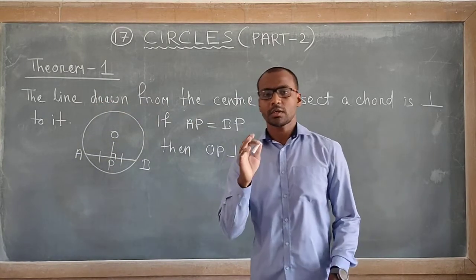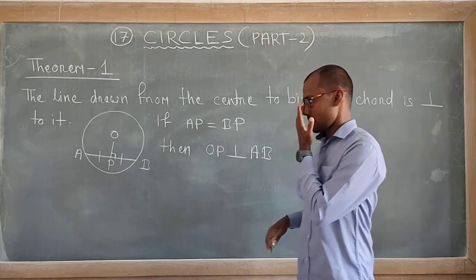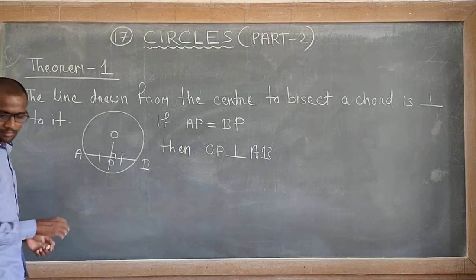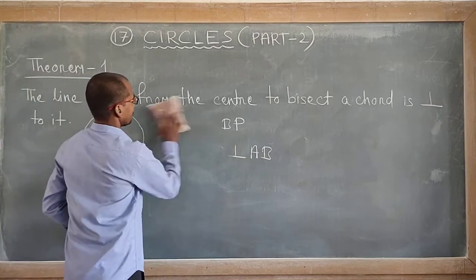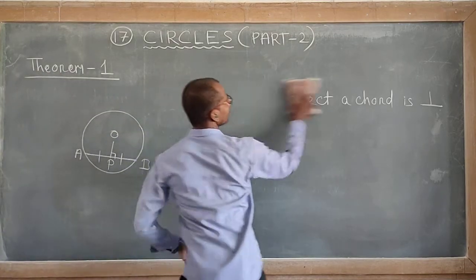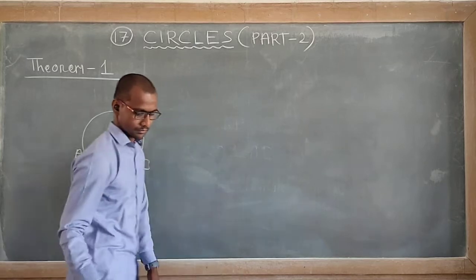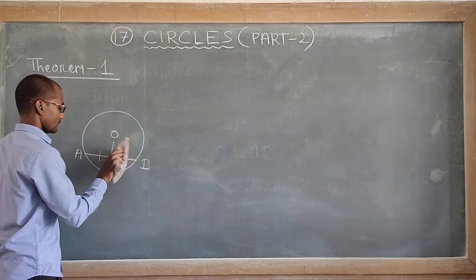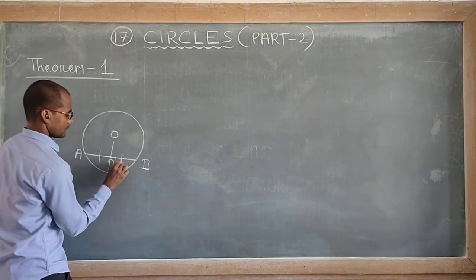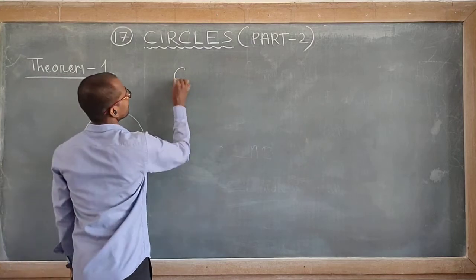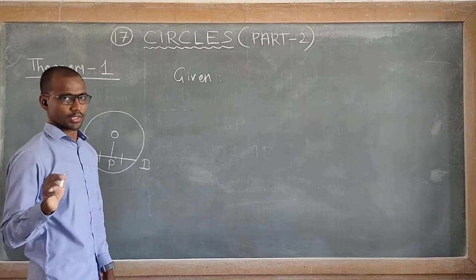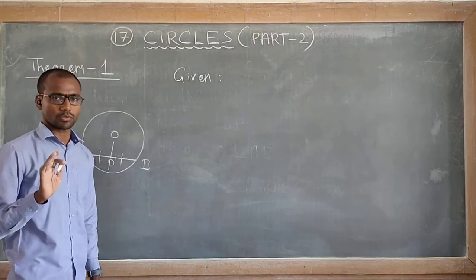This can be proved using congruency. How to prove? See, proof is not important, still I am giving the proof of the first theorem only, then I will not give any proof.